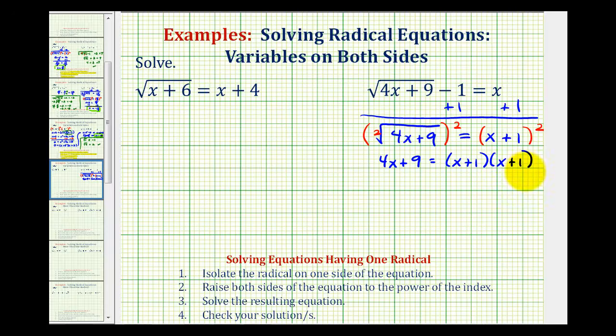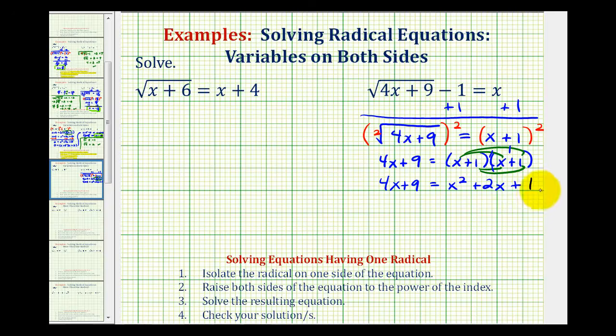So now we'll multiply this out. So we'll have 4x plus 9 equals, again here we're going to have 4 products, 1, 2, 3, 4. So we'll have x times x, that's x squared. X times 1, that's 1x. And 1 times x is also 1x, so we have plus 2x. And 1 times 1 equals 1.